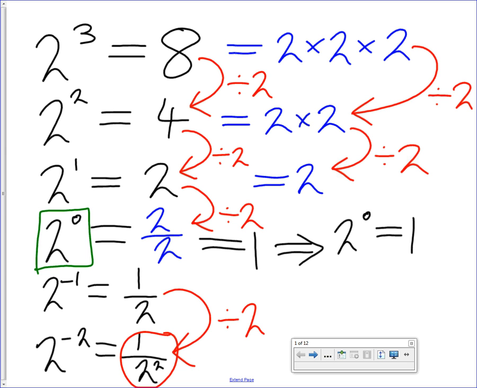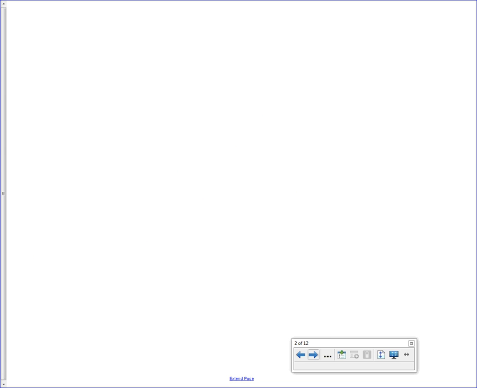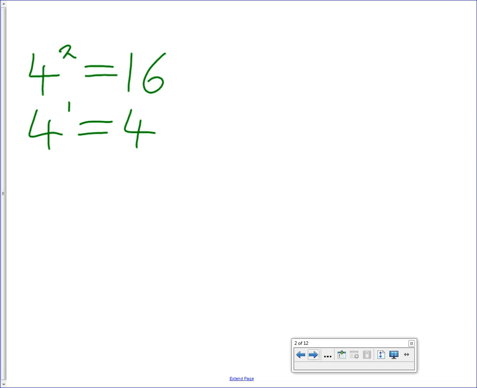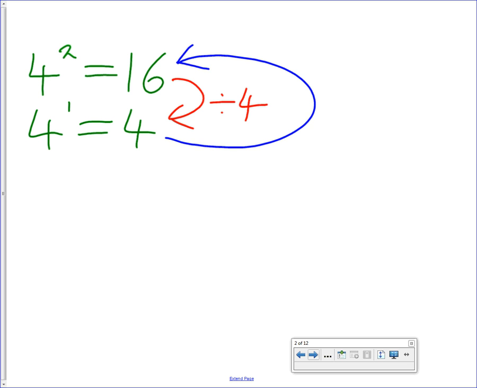Of course, this applies to any option. So, we could have 4 squared equals 16. 4 to the power of 1 is obviously 4. We are dividing by 4, or otherwise multiplying 4 by 4 to get 16, of course.